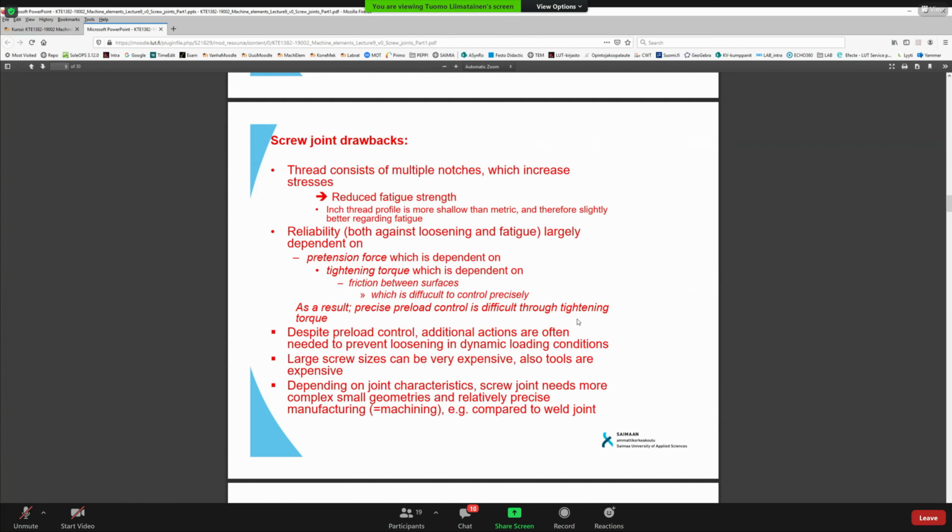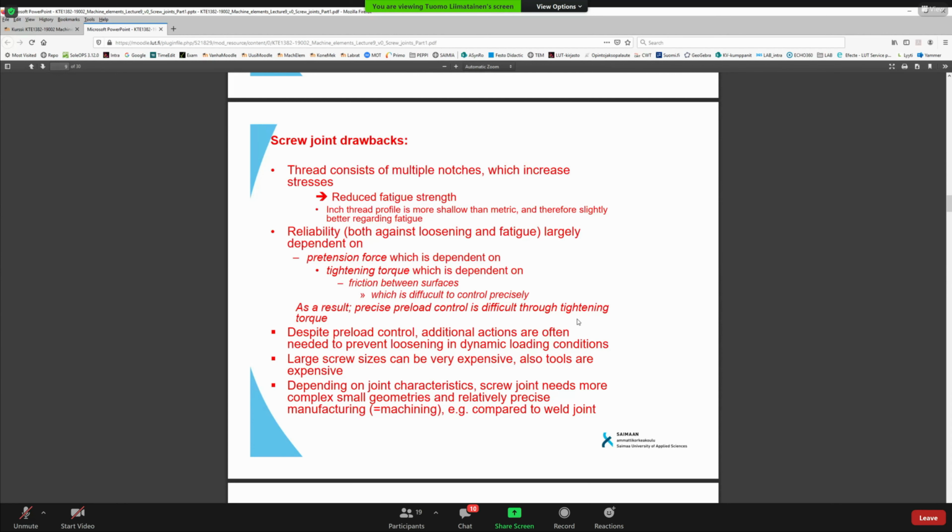That is sometimes the argument that the Americans use when they persistently stick to the inch system. But okay, it's a fair argument. It is there, but is it really relevant? I don't know. To me, the American system of threads has always been quite difficult to comprehend.